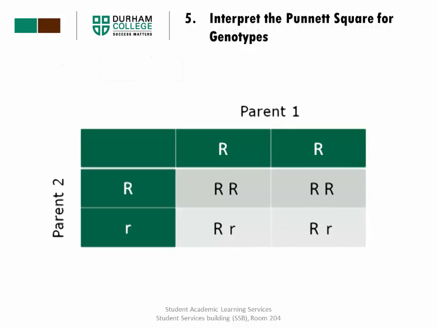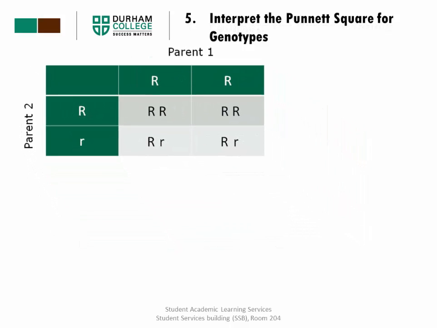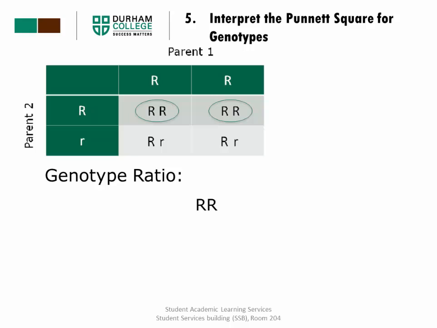What we need to do now is interpret the Punnett square for genotypic ratio. The potential offspring in the four squares in the central area of the square can now be assessed to figure out the genotypic ratio. We can see that there are offspring that will have capital R, capital R as a genotype, and in fact, there are two of them. We should note that there are two.